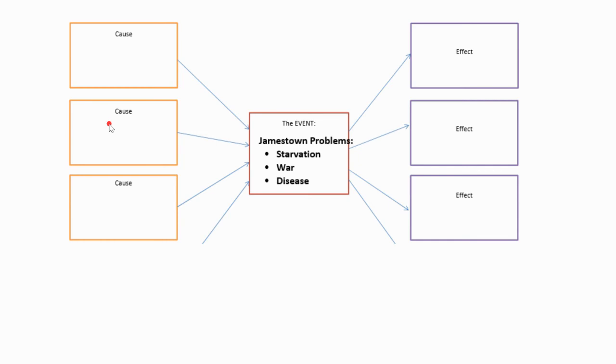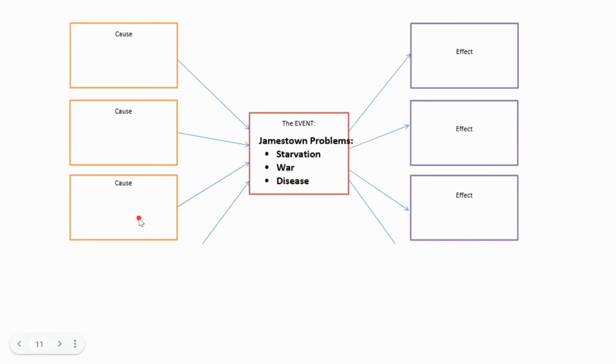First, they found peace, and then they were at war with them. What caused that? And then, what were the effects? Also include here how Pocahontas and John Smith got involved to help. And we should also see something here about how John Smith helped the settlers learn a new skill.